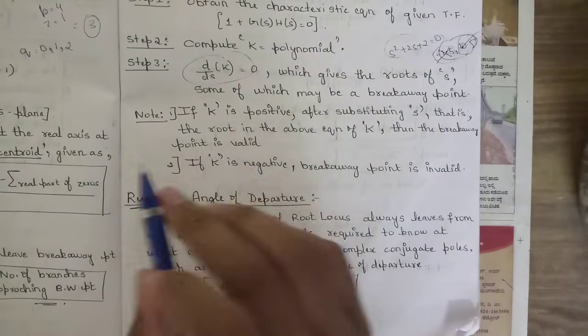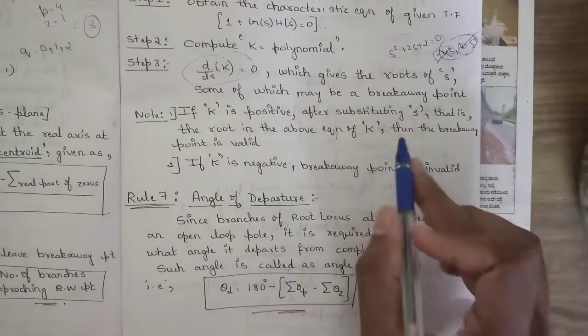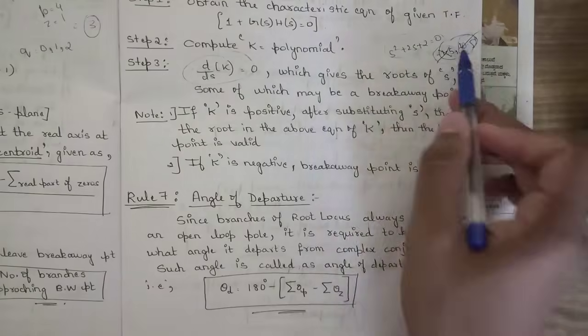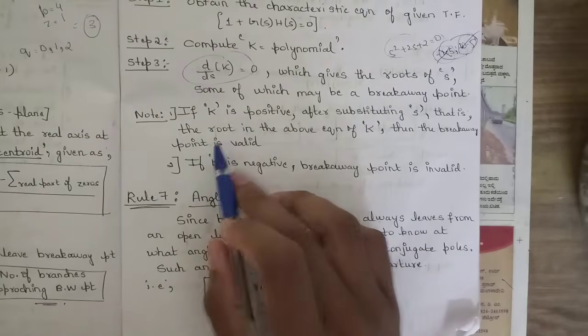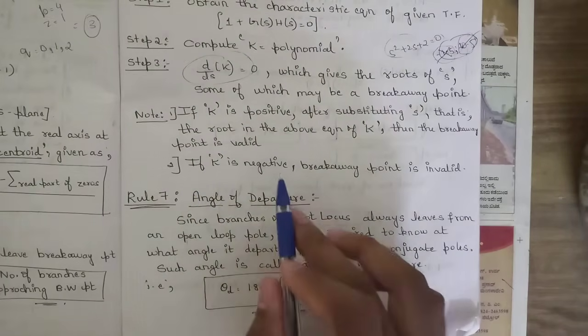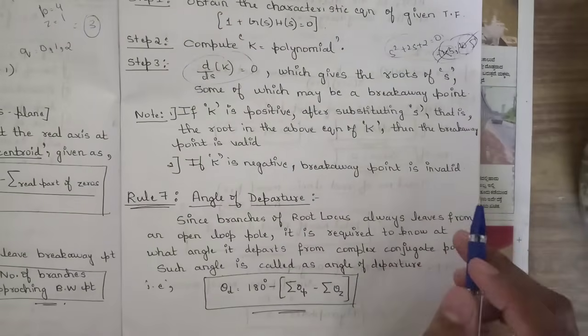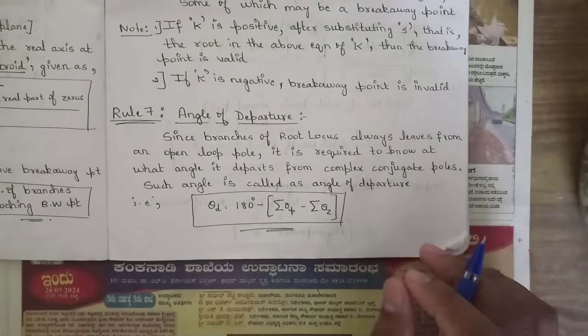If k is positive after substituting s, that is the root, in the above equation of k, then the breakaway point is valid. Simply, if the value of k is negative when we substitute any one of the roots, then the breakaway point is invalid. From that we can see whether the breakaway points are valid or invalid.